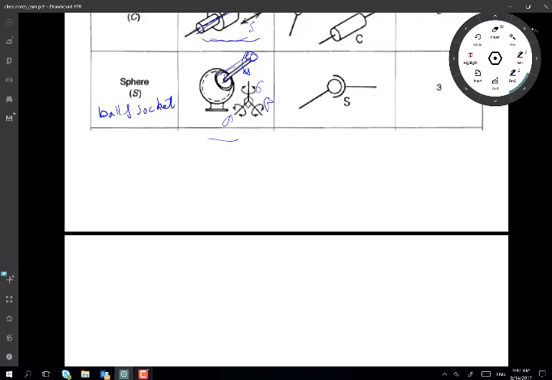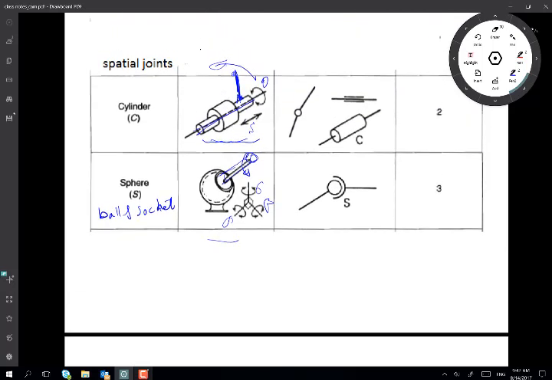That's why we refer to this joint as a 3 degree of freedom joint. The cylindrical joint is a 2 degree of freedom joint.